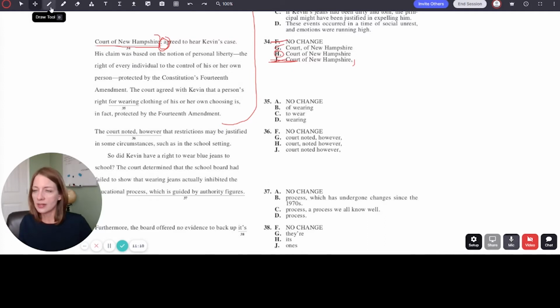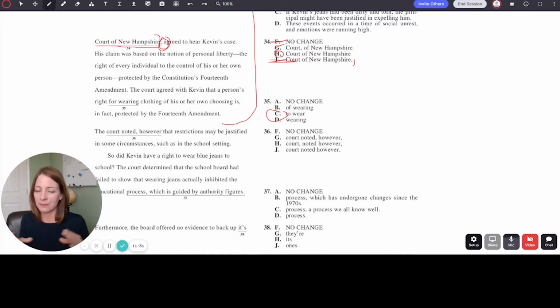On this one, that's just how we say it. A person's right to wear. Right for wearing, right of wearing, right to wear.